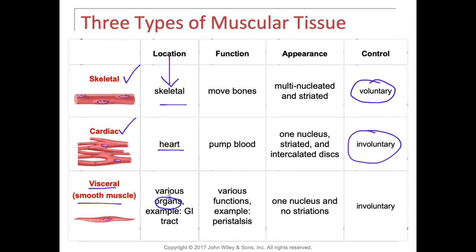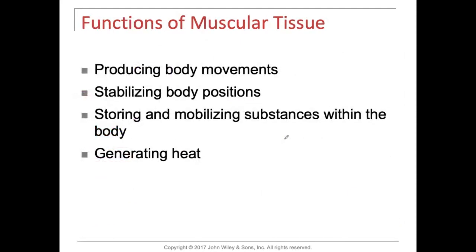We find it in the uterus, around the trachea, around the blood vessels, and that too is also involuntary. So the only one that we have conscious voluntary control over is skeletal muscle, and it's going to move our bones, right? We know that it is striated, much like cardiac muscle is striated.